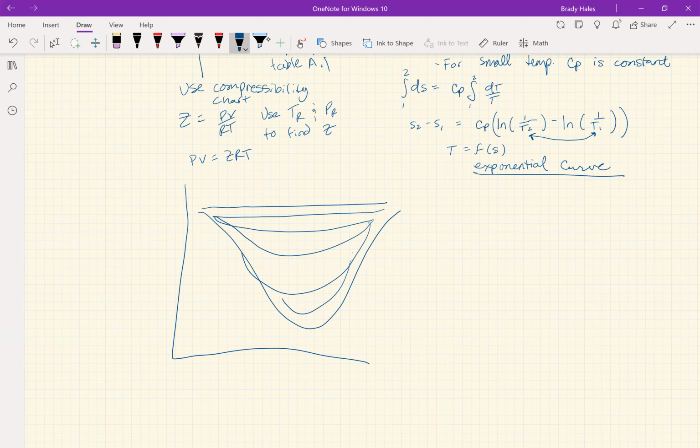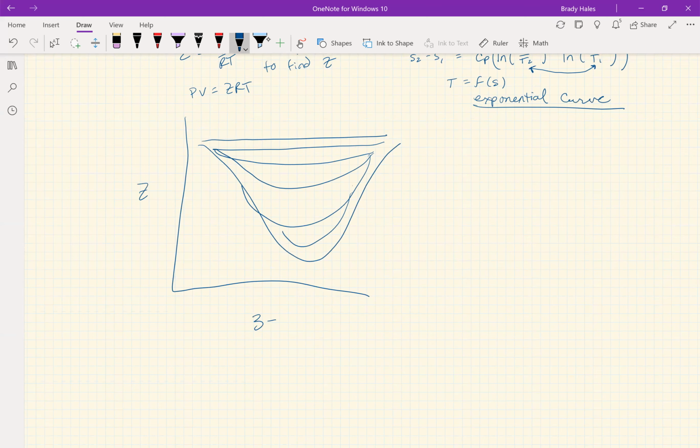Let me see if I wrote that down. In my book, it's introduced on page 138, so it should be close to that in your book. Yep, in 3.7.